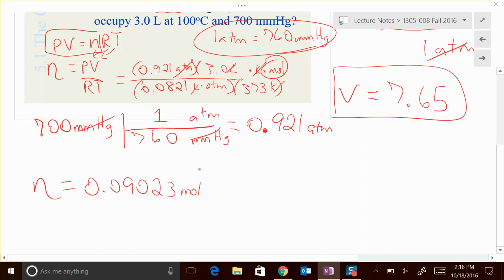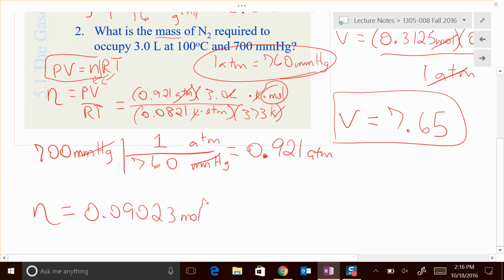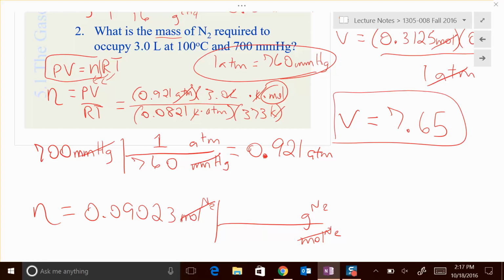Moles of N2. But that didn't answer our question. So we want to go to the grams of N2 from the moles of N2, right? So what number do I put on top?